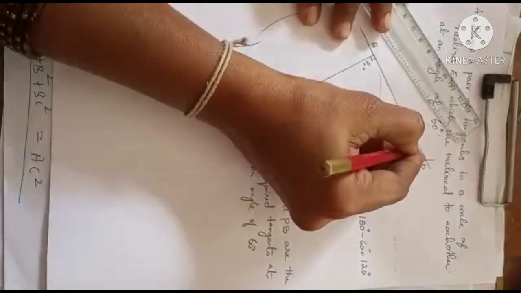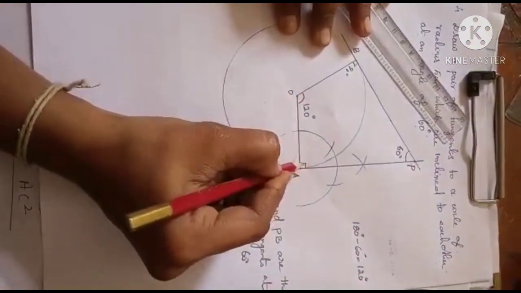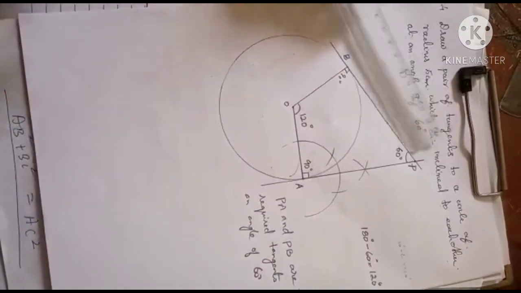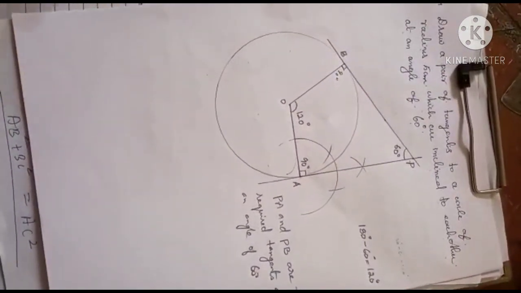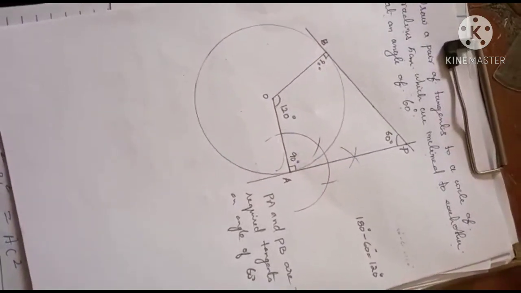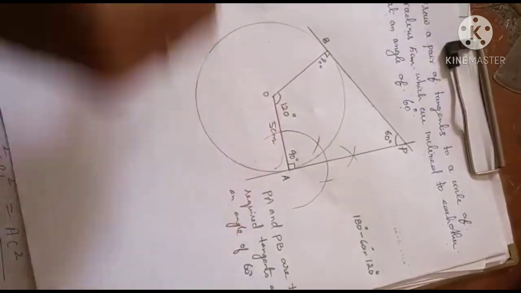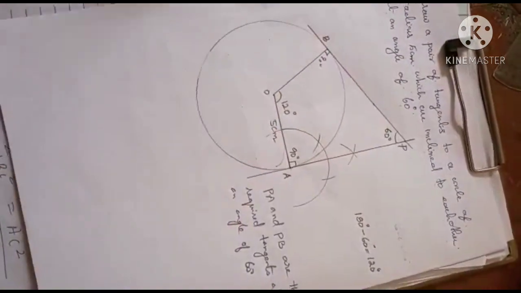So angle P is 60, angle B is 90, angle A is 90, angle O is 120. When you measure all the four angles, it is 360 degrees. So we have drawn a pair of tangents to a circle of 5 centimeter radius inclined to each other at an angle of 60 degrees.